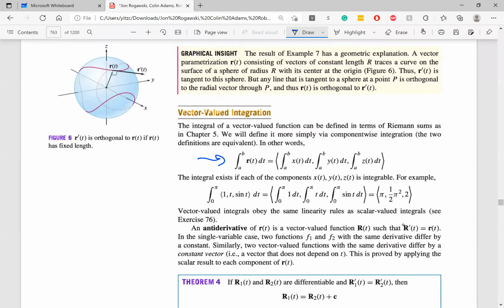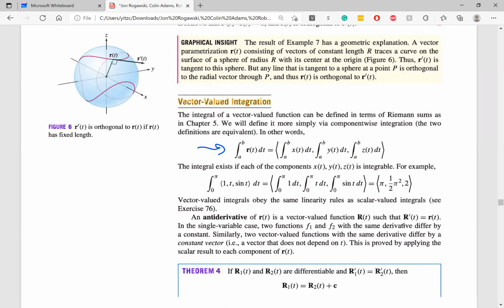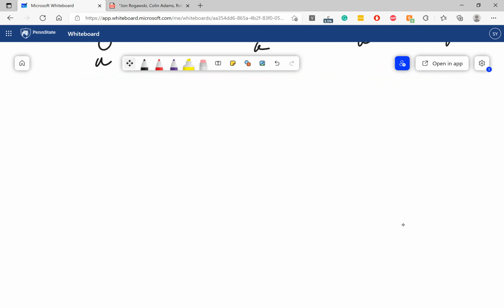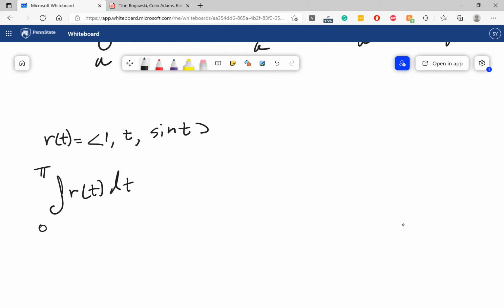Okay, so an example is the integral from 0 to pi of 1, t, and sine t. So the vector right now, r of t, is going to be 1, t, sine t. And we want the integral from 0 to pi of r of t dt. Well, for the integral of the first component, we get t, and then we just put in pi.